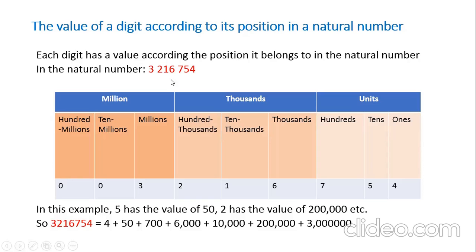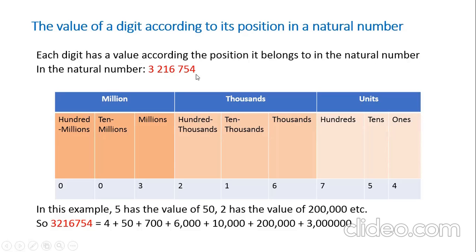For example, if we took this number, 3,216,754, we notice that this number has 7 digits, and each digit falls in a position according to its location in the number.